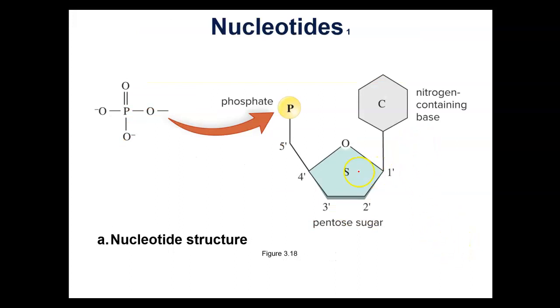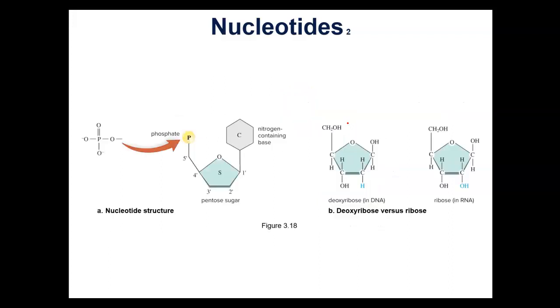So this is what a nucleotide would look like. The base here you can see is cytosine or C, and then you have a sugar and a phosphate. So a sugar, a phosphate, and a base are always the 3 components of any nucleotide.